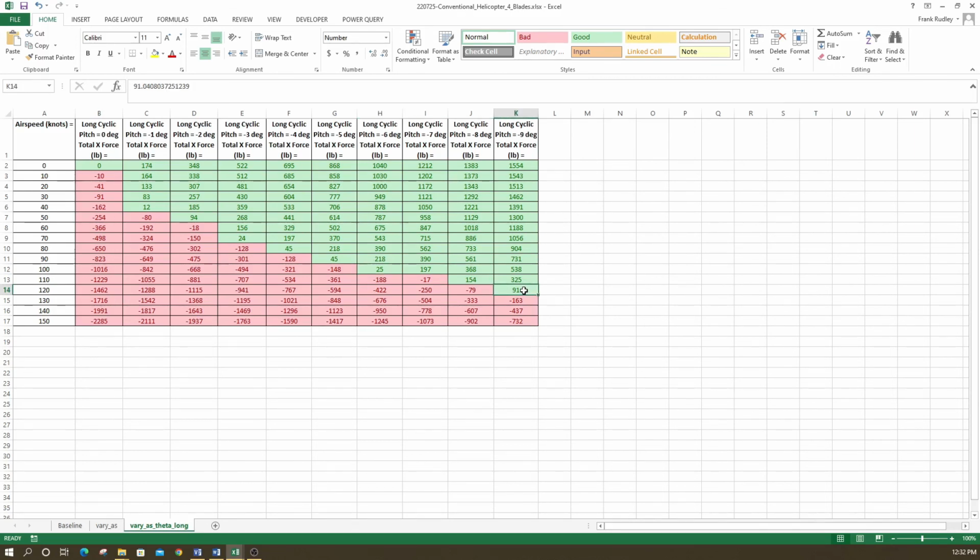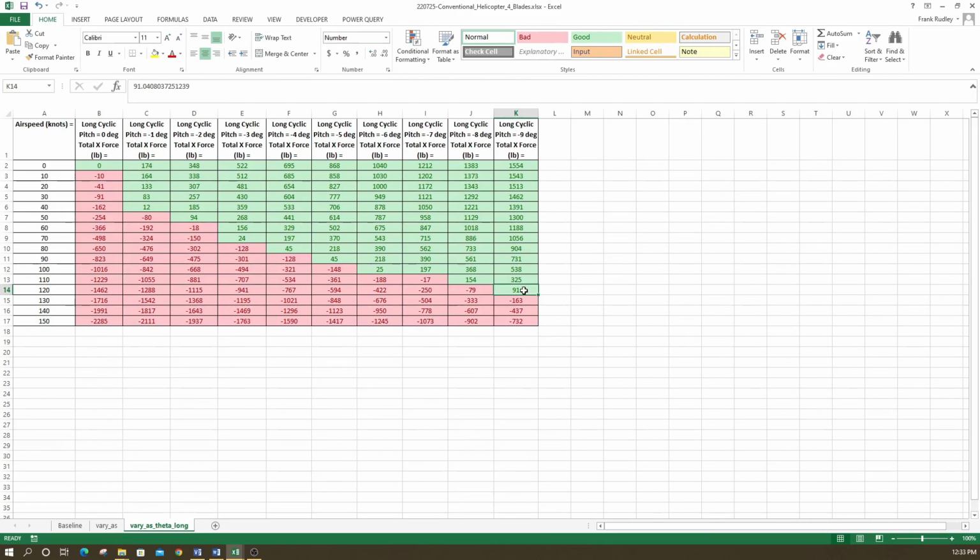So this tells me I might have requirements for this helicopter, and I want to make sure that I meet them. If I can't meet the requirements, I might have to change some things to get a better design. This is the typical parametric variation.